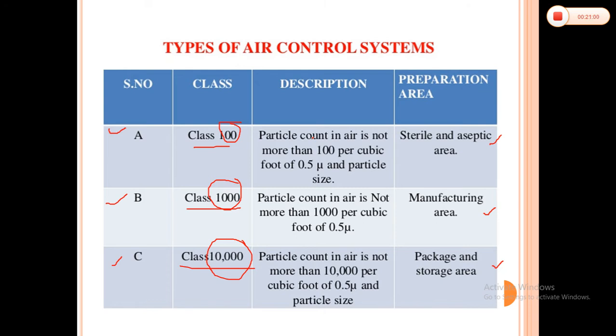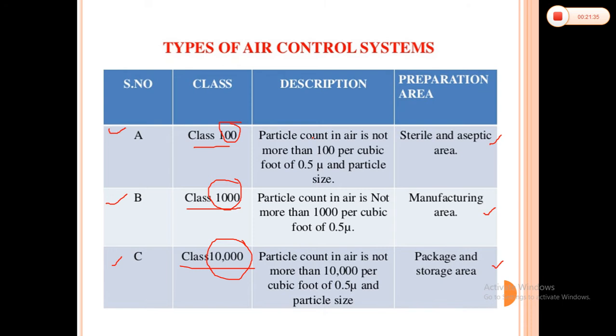Now, how are these classes divided? Currently, in an aseptic area we can achieve a class 100 clean room. What does class 100 mean? It is a room in which the particle count in air is not more than 100 per cubic foot of 0.5 micron and larger size.